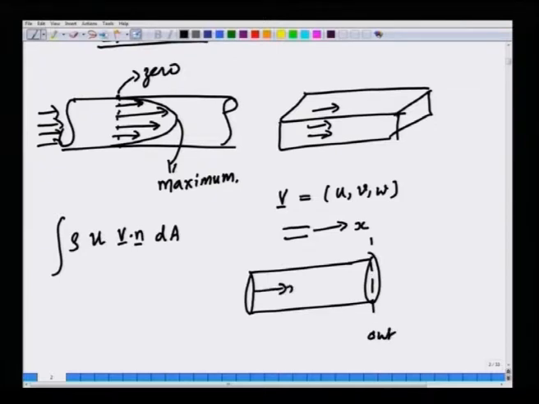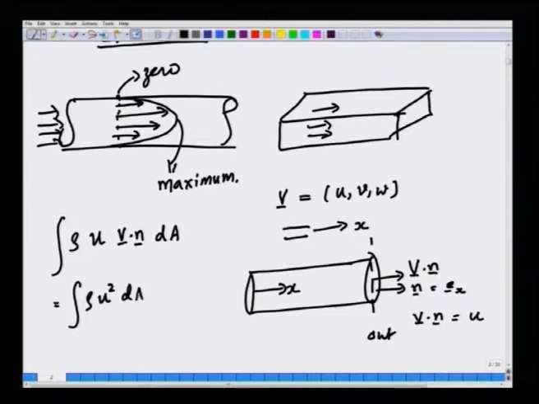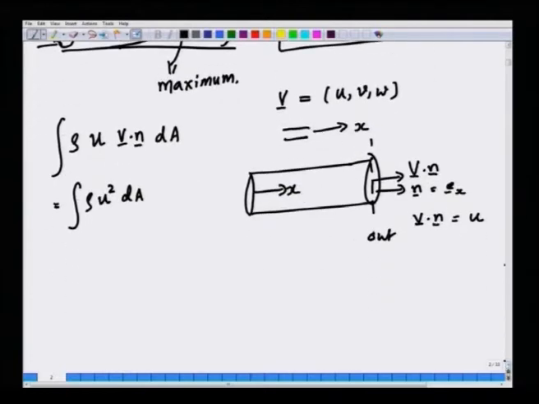Fluid is flowing in the plus x direction, n is E x, so v dot n is simply equal to plus u. So, we have to evaluate terms like this in the flux term, where u is not a constant, u is actually a function of the cross section area.